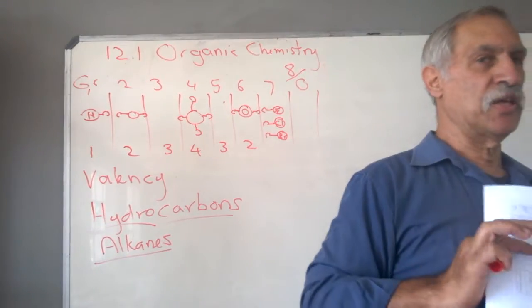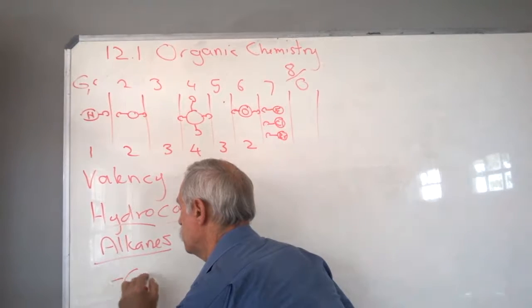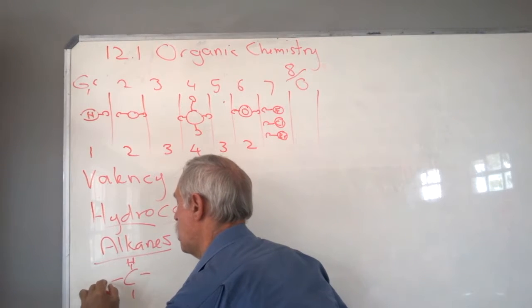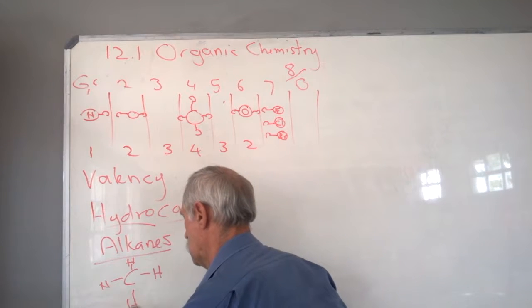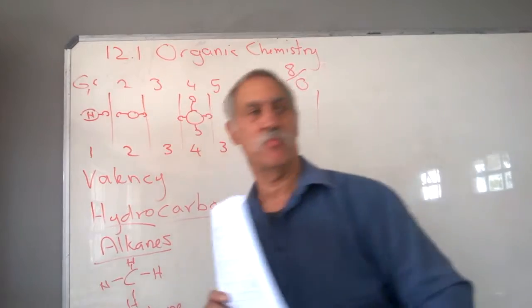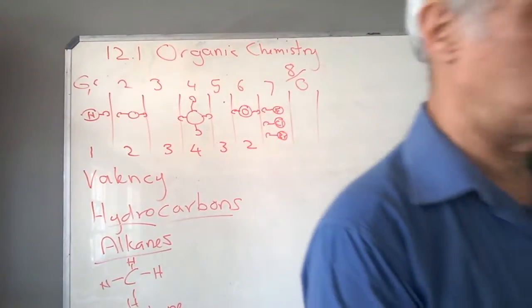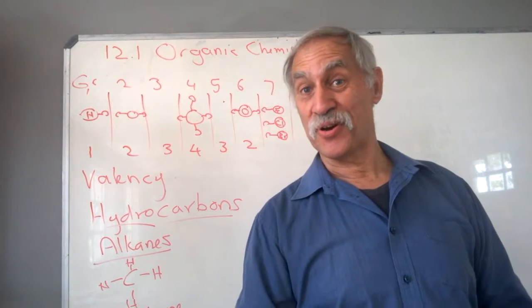Now don't write anything yet. We asked you to remember a little rhyme. The first just hydrogen and carbon is called methane. Now would anyone here think that they've remembered what the next one is in that rhyme? Ethane. Do you know the whole rhyme?